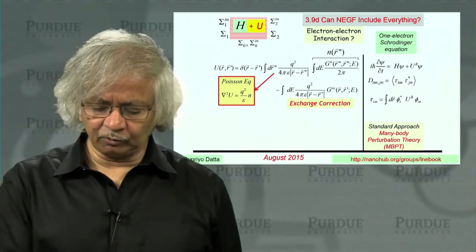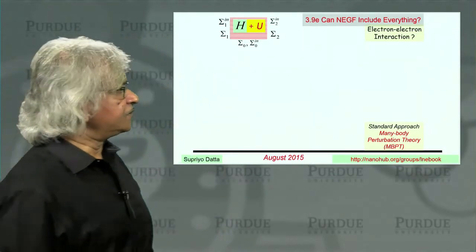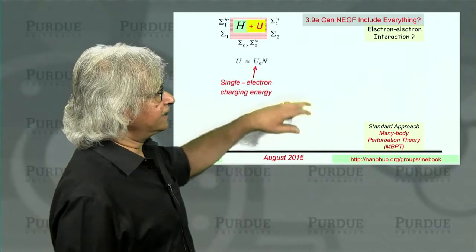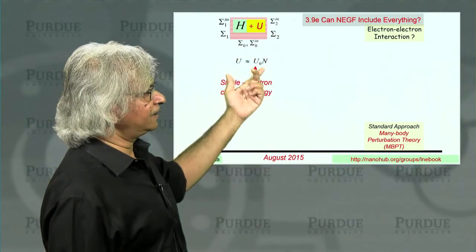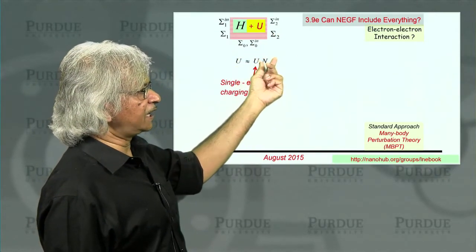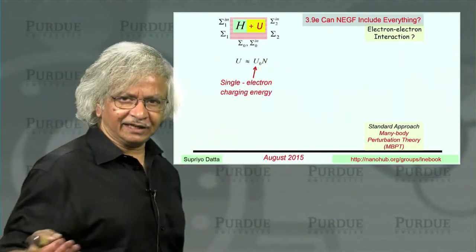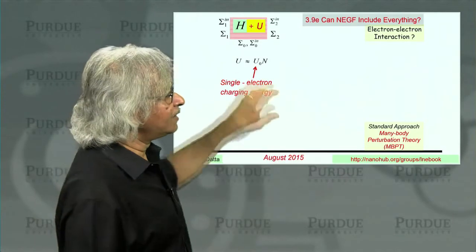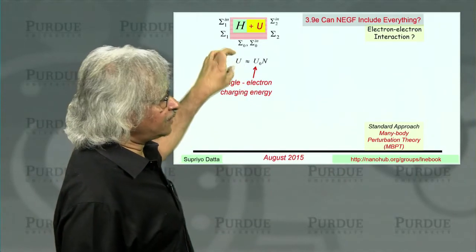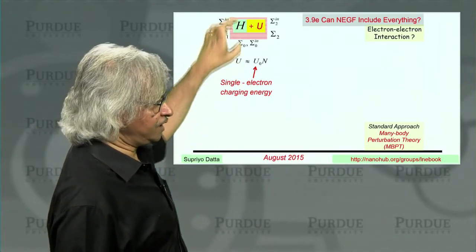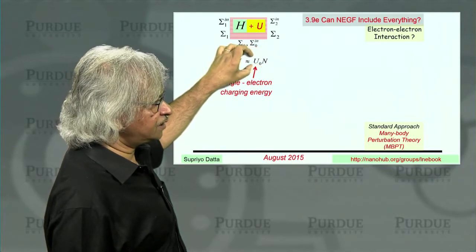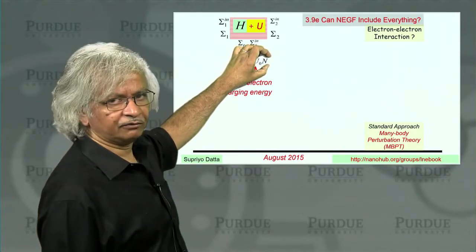Let me explain a little what I mean by that. You see, we could write this U symbolically as U0 times N. And remembering, of course, that N is the delta N compared to the equilibrium. So the potential that you see is the potential due to one electron times the number of electrons.